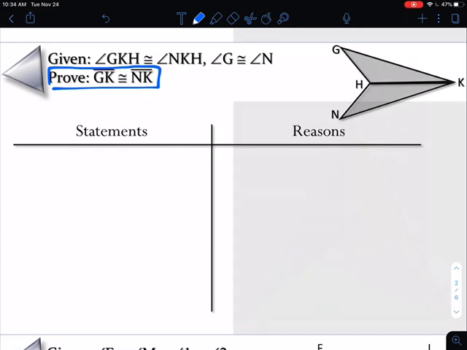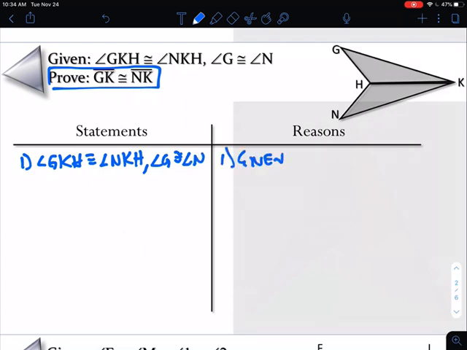So as I'm looking at this proof here, I started off the same as any other proof. I copy the given. So angle GKH is congruent to angle NKH. And then it also has angle G is congruent to angle N. That's not going to change no matter what. It's always the given when we start off a proof.